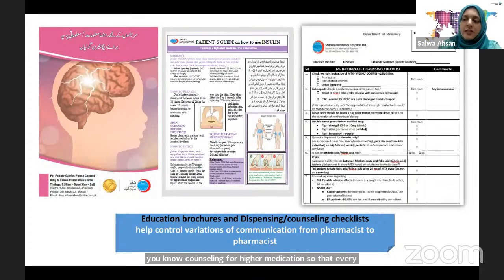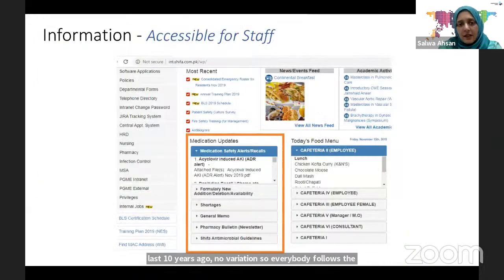There should not be a variation between the newcomer and the one who has been in Shifa for the last 10 years. Everybody follows the same checklist. Next, please. Lots of memos, guidelines and alerts are generated every month, so all of it is accessible on the intranet website, so that everybody can access it with just one click.